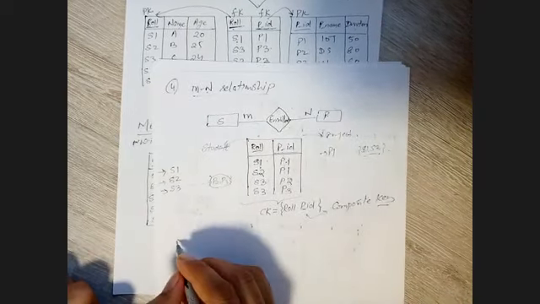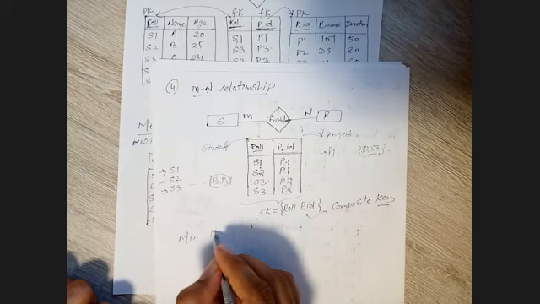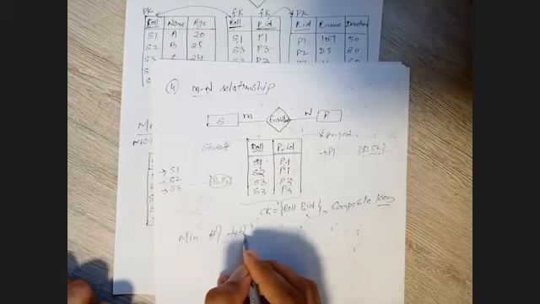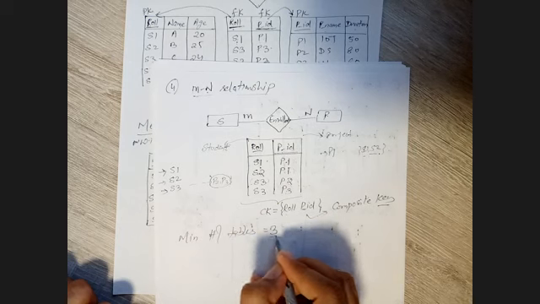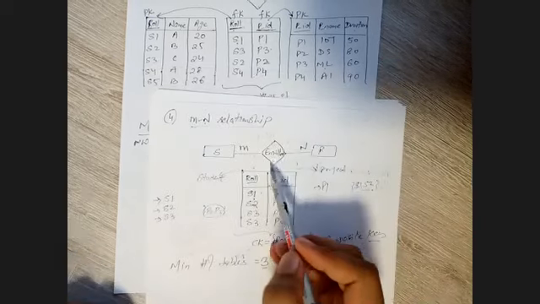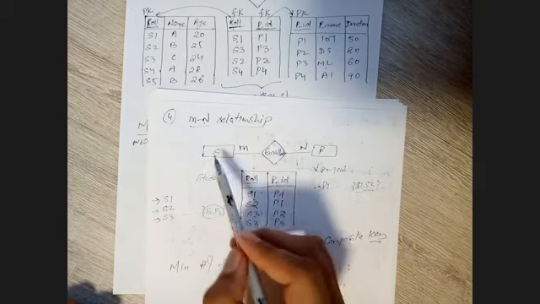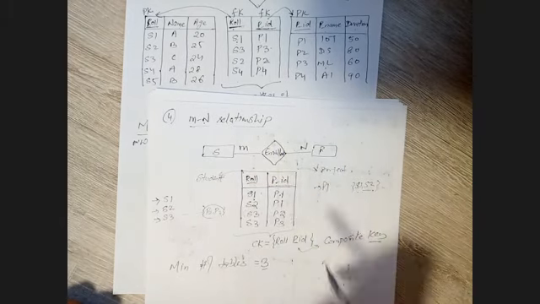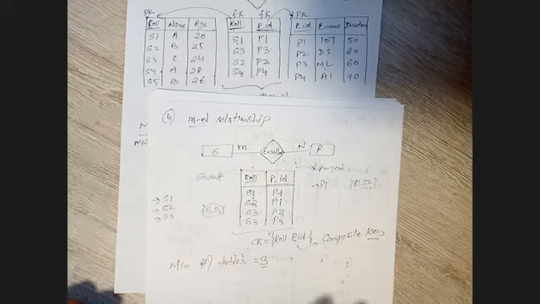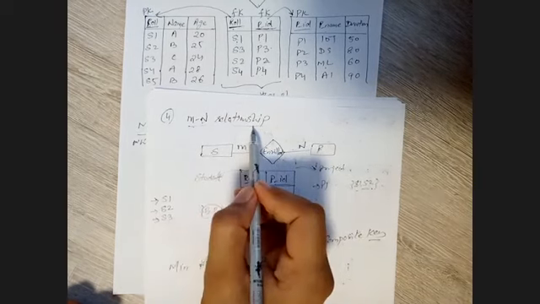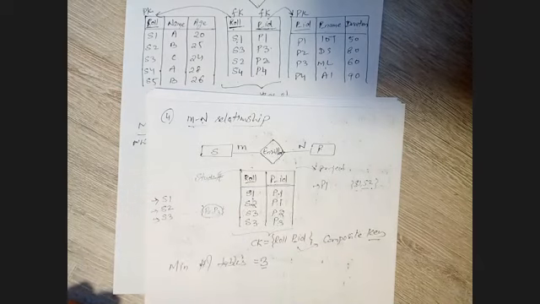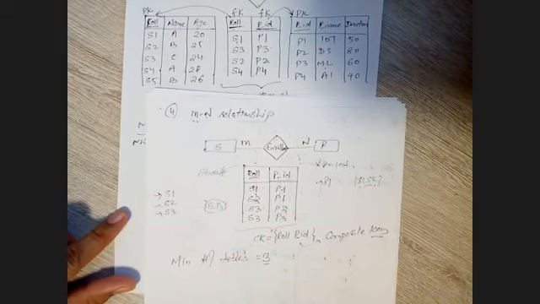So here, the minimum number of tables will be equal to 3, not 2. We will have to maintain this enroll table plus the entity sets student and project. So in an M-N relationship, we cannot have a merged table formation.